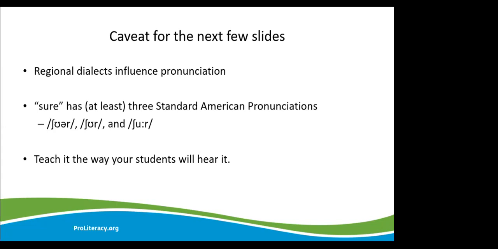And if you are a Southerner with a deep Southern accent and you're working in Boston, do your best to be able to create those New England accents, but don't panic if you don't pronounce all your words in the exact proper way, because the reality is most people around us don't either. So don't stress it. Teach it the way their student is going to hear it, and that's what's going to serve them best.